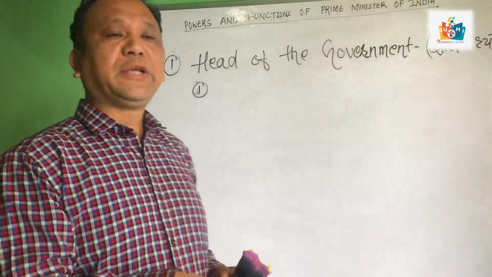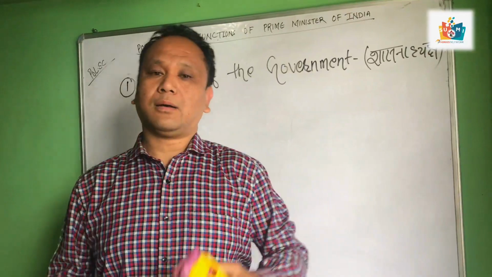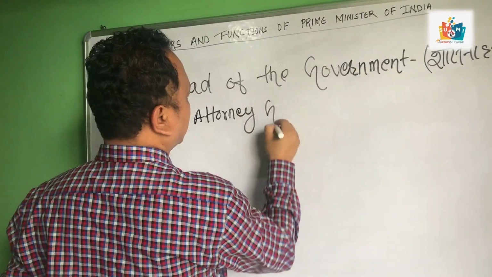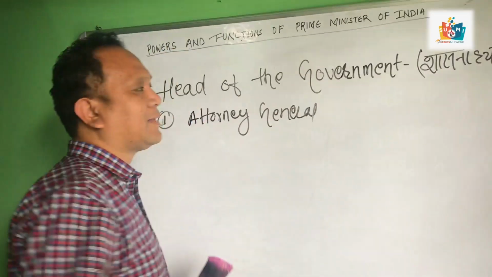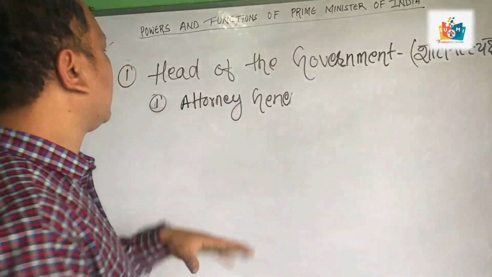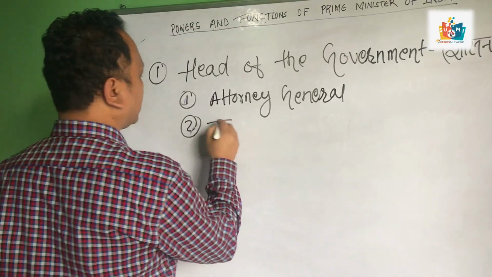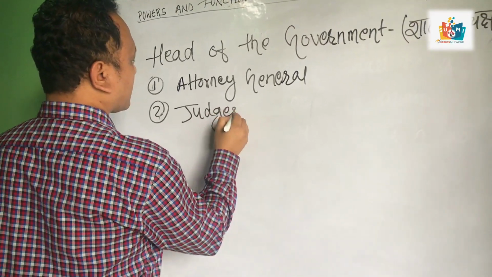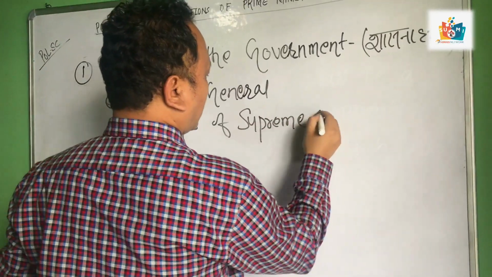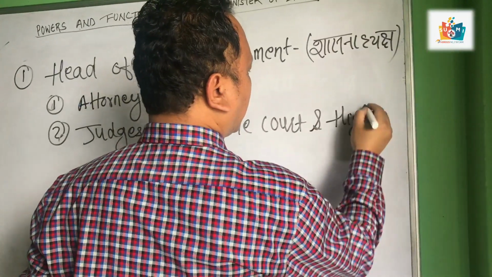On the recommendation of the Prime Minister, the President appoints, number one, the Attorney General, or we can say that the Prime Minister appoints directly or indirectly the Attorney General. Number two, judges of the Supreme Court and High Court.